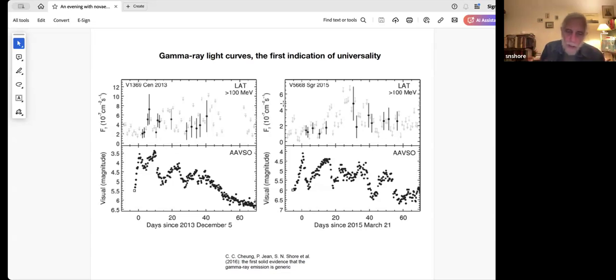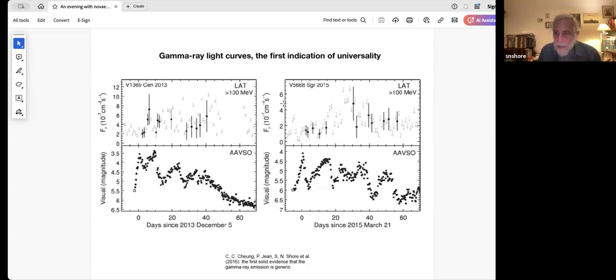When protons collide at high energy, so hundreds of MeV or gigavolts, they produce pions, and the pions decay into gammas, which is one of the ways you can get this. This is called the hadronic scenario.